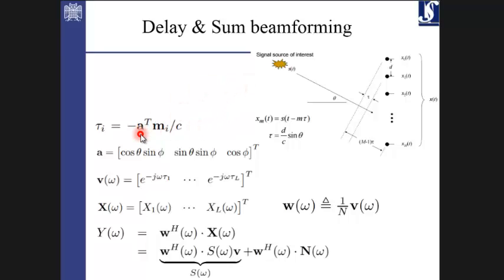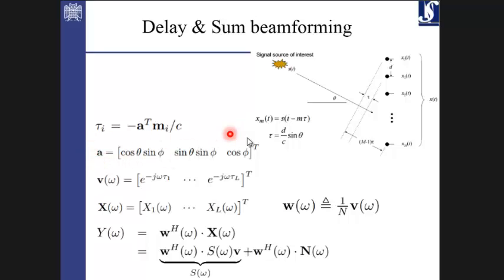The inner product between these two shows the difference of the distances that the wave propagates, and over the speed of sound, it gives you the time difference of arrival. So that's just the vector form of representing what we already explained by the norm.